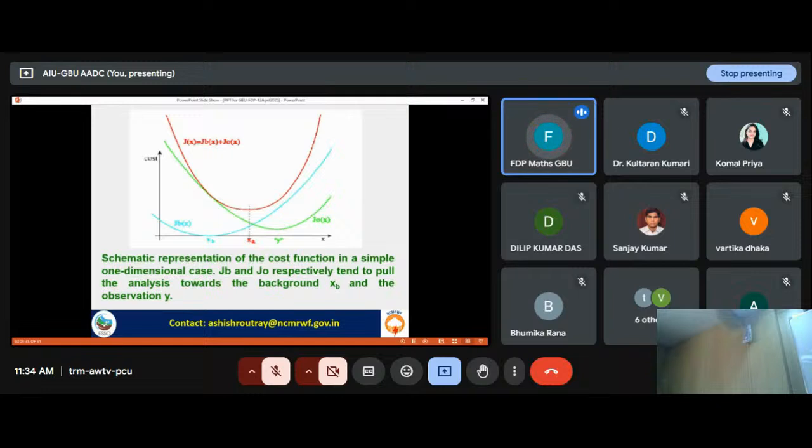The curve will go down, then at a certain point it will be steady again. So if I solve this one by one, I get one solution here. And then the observation, I have the cost function to see. When I combine these, the solution, the cross point, is here. That is the analysis, because I have both the J terms.